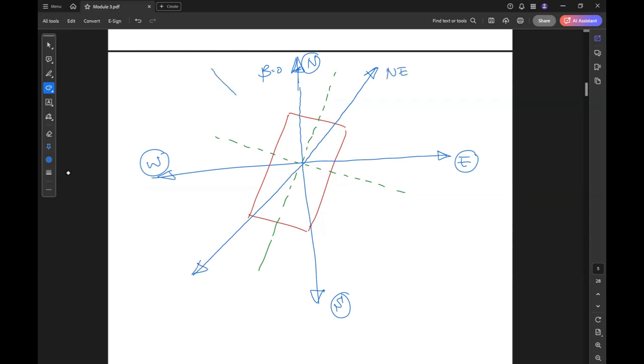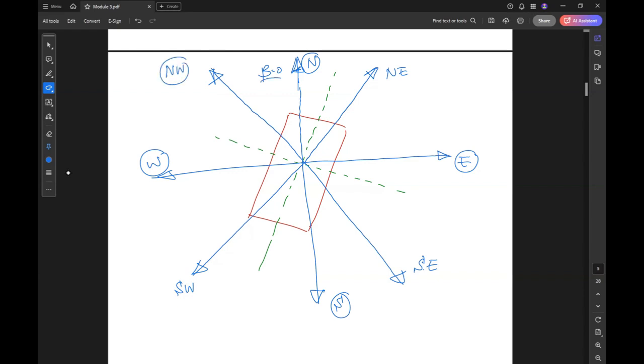And here also we have the southeast direction, the southwest direction, and the northwest direction.